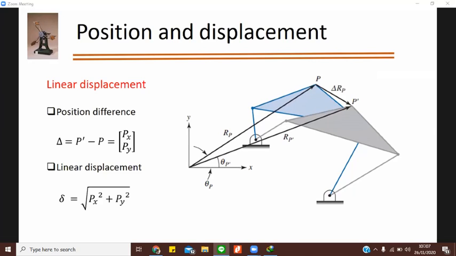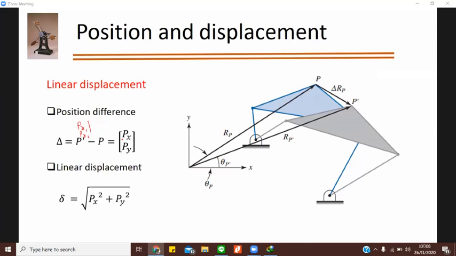So for the new location, let's say it is some px1 and py1, and this is some px2 and py2. Okay, so the difference of that will give you the coordinates of your new location.